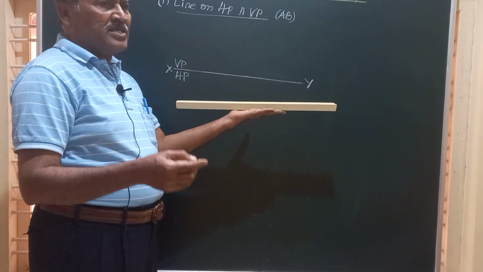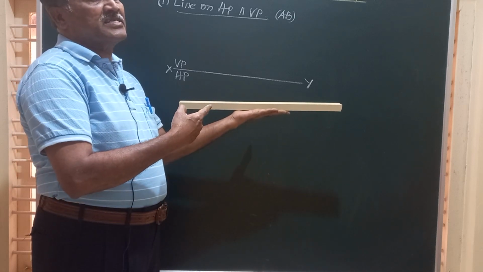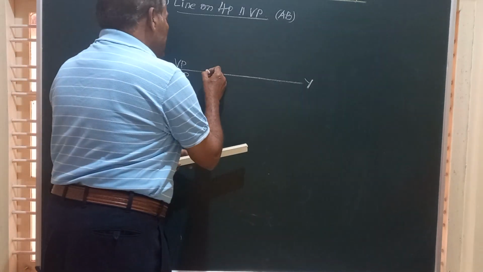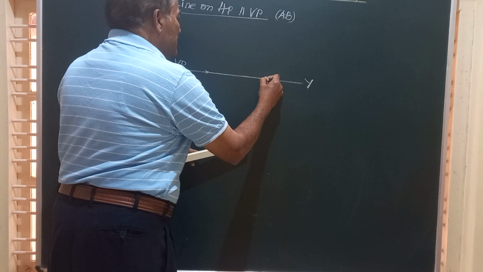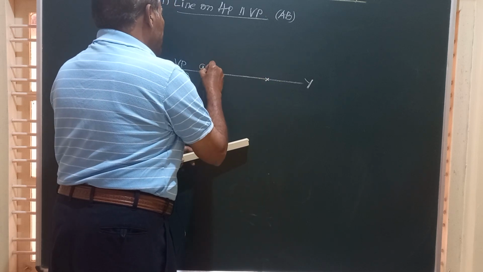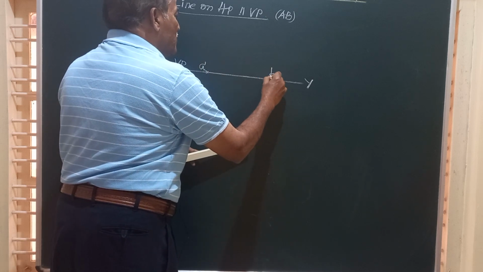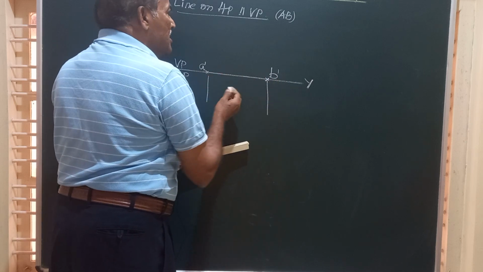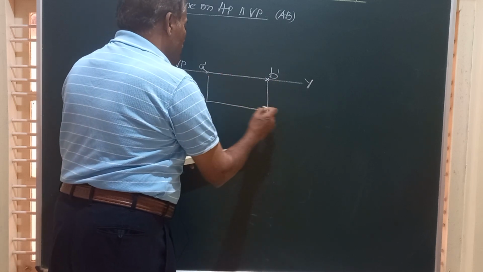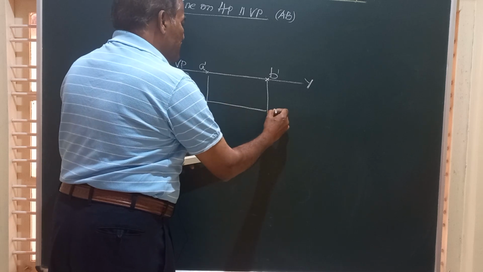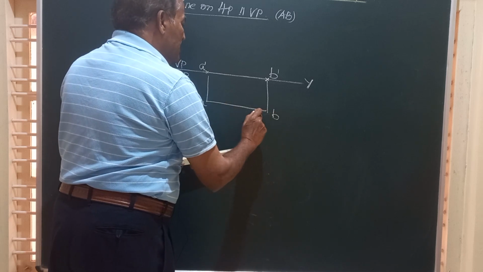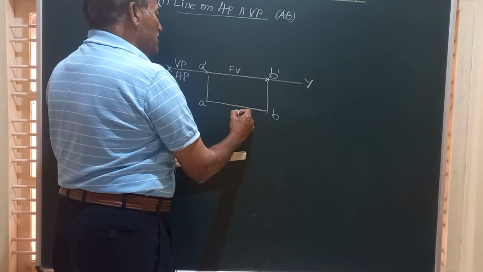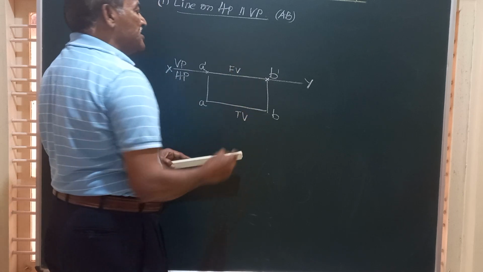Since it is on HP, it is seen as a point in the front view. So line, sorry, it is seen as a line. So this is A dash B dash, the front view of the line, and the line is parallel to VP. So we are going to get this AB as the top view of the line, this is the front view of the line. So how to obtain this, friends?